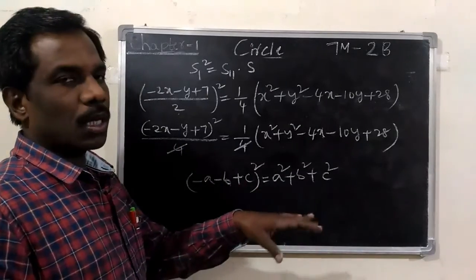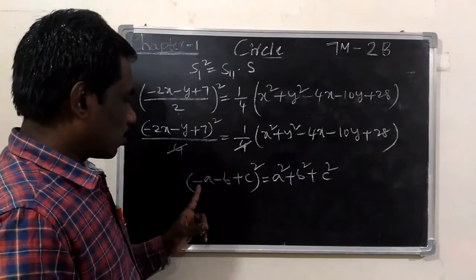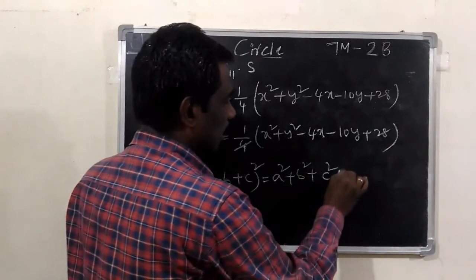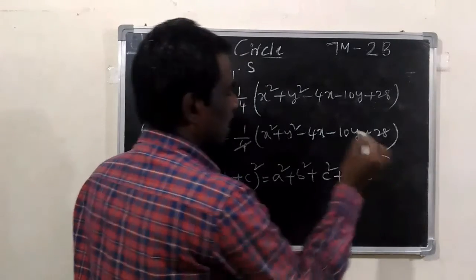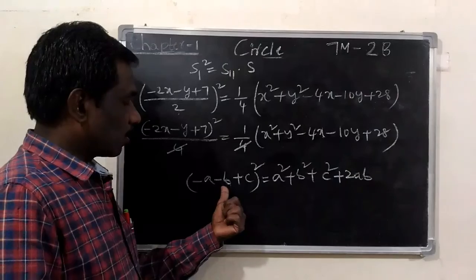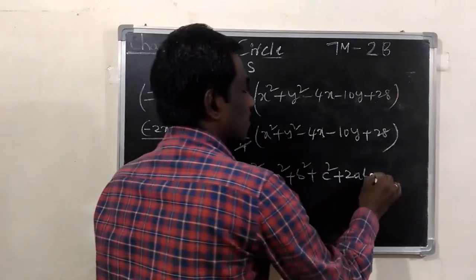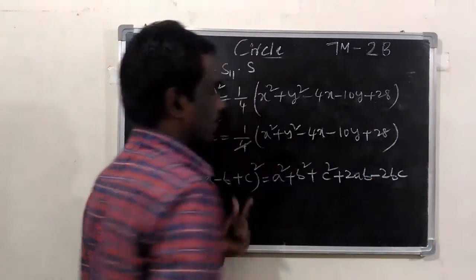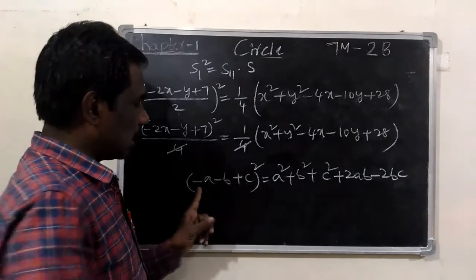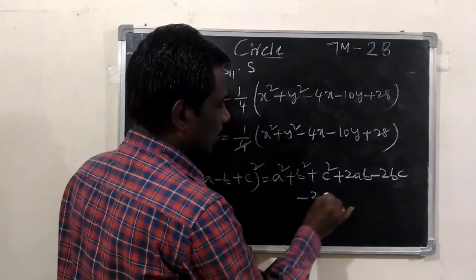After this, what is 2ab? Here it is minus and it is also minus, minus into minus is plus 2ab. And next 2bc, so minus is there, minus 2bc. And next 2ca, again minus 2ca.